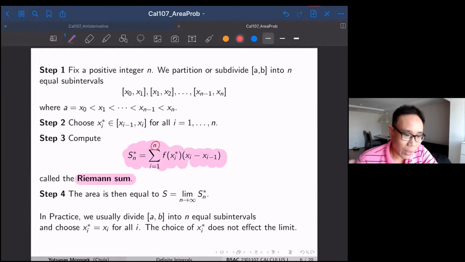So in this case, we increase n without an upper bound, and we use the concept of the limit. So you take the limit as n goes to infinity of S_n. Here n is the variable, and the limit as n goes to infinity of S_n, which is the Riemann sum, turns out to be the area that you're looking for.